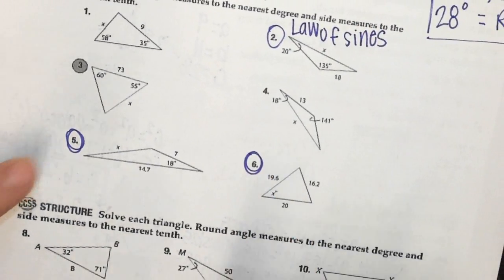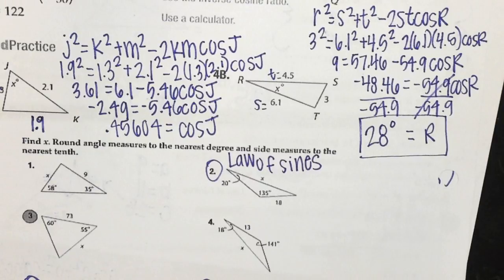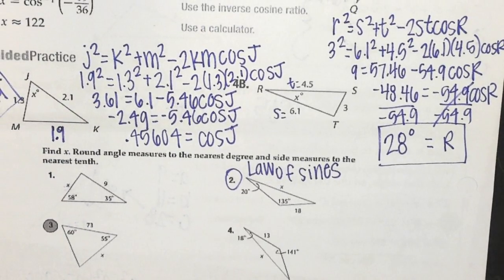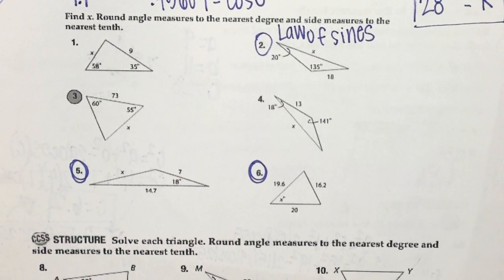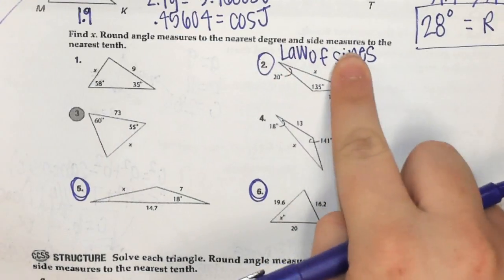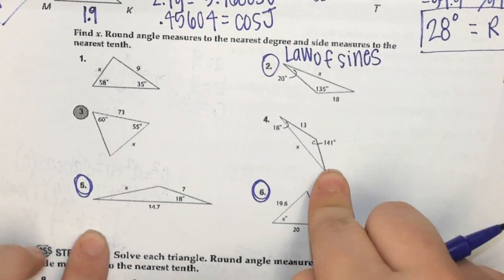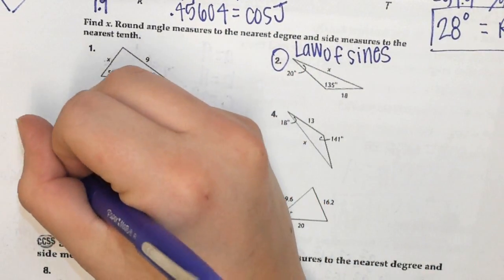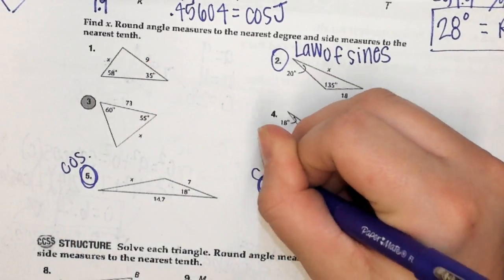And then these two are cosines. Yes, Emma? What was your answer? 28. Two, 5, and 6. But number 2 is using law of sines. These are practice problems for both. So 2's law of sines, 5 and 6 are cosines.